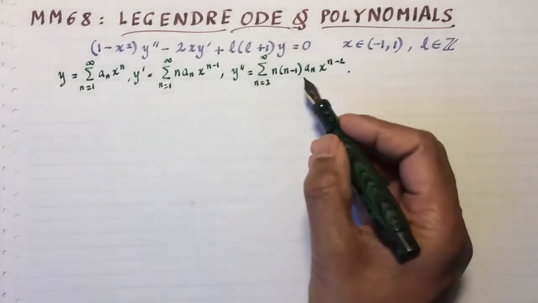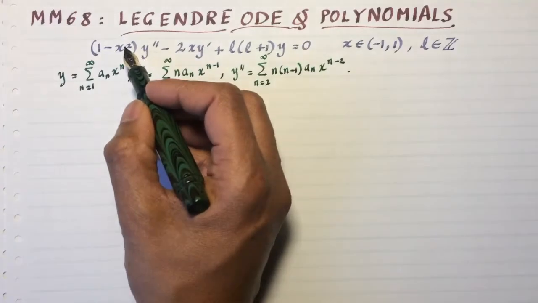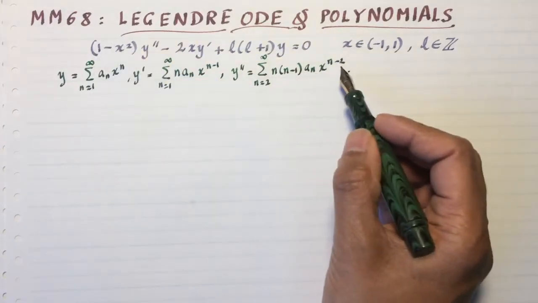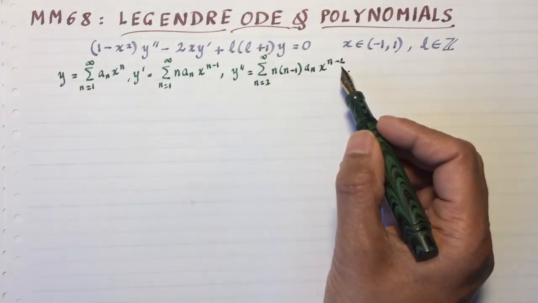Now, the only subtlety here is that even though x to the n minus 2 times x squared is x to the n, 1 when multiplied by that is not x to the n, it's x to the n minus 2. So we have to take care of that.